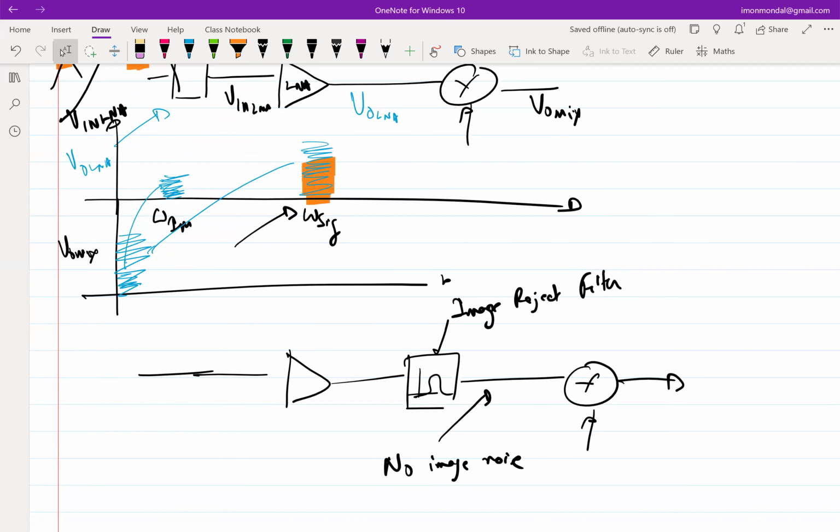Yes or no? Okay. Any other questions regarding this? So there are some terminologies. When you see the literature, you are going to see two types of noise definitions for mixers. One is called single sideband noise figure, other is called double sideband noise figure, right?